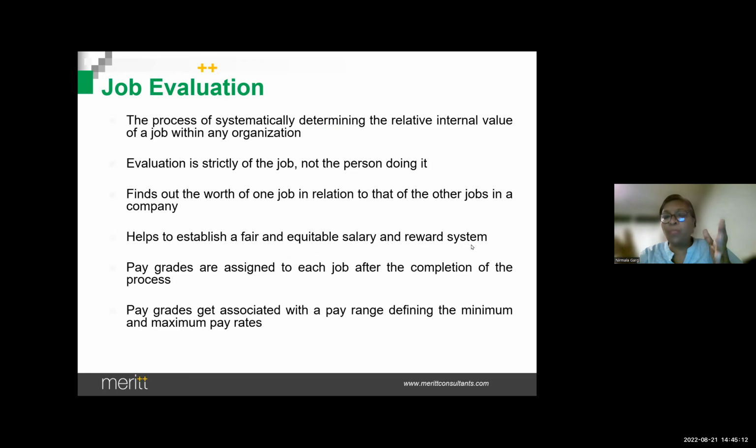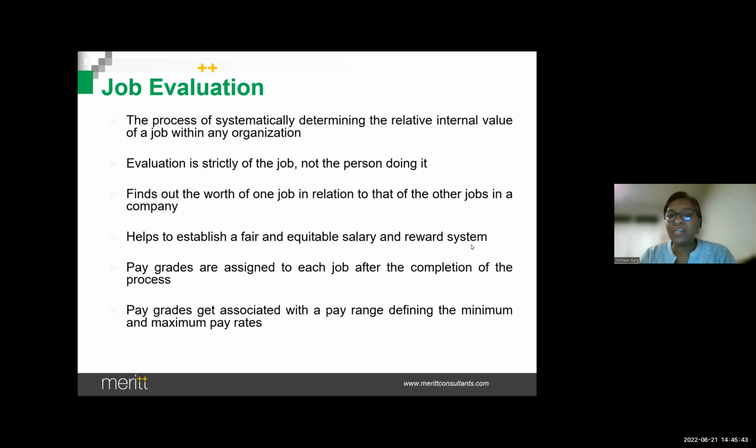If you are able to put them in a hierarchy, saying 1, 2, 3, 4, 5, with 1 being the highest and the last job being the lowest, then you know you can pay higher for a higher rank and lower for a lower rank. So job evaluation is a systematic process of determining the relative worth of the jobs.